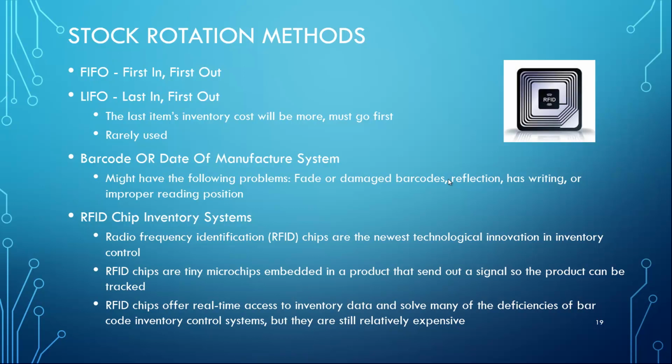All these cases will lead to having expired or damaged items in stock because it was scanned wrong or it gave us the wrong number when scanned. The fourth method is using RFID, which is the most common technology now used in warehouses with the RFID inventory system.